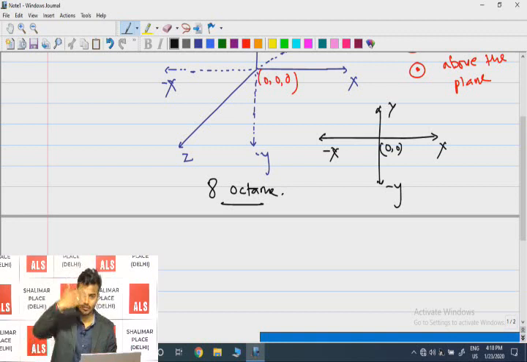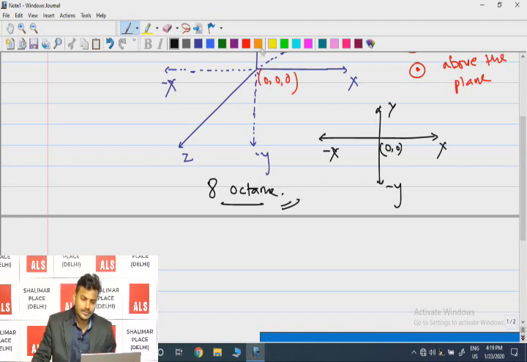If you do one separation, you will get 2 halves. If you do one more, you will get 4: 1, 2, 3, 4. Two separations, you will get 4. Now if you do this in the height, you will get a total of 4 and 4. So a total of 8. Is that clear? So you will get 8 octants.